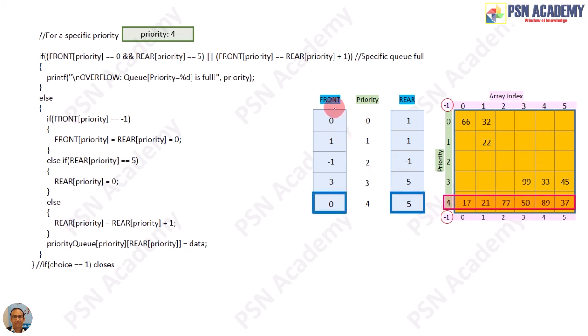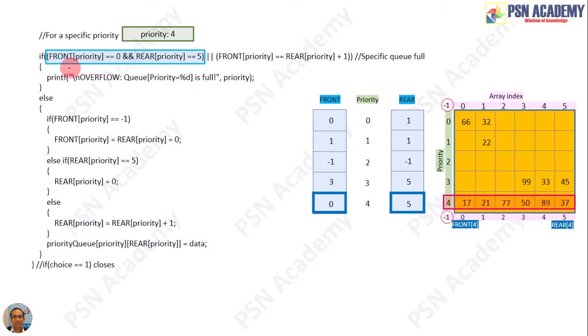So, in the front array, for priority 4, you have 0, and in the rear array, for priority 4, you have 5. So if this is the situation, you can clearly see that the row is full.